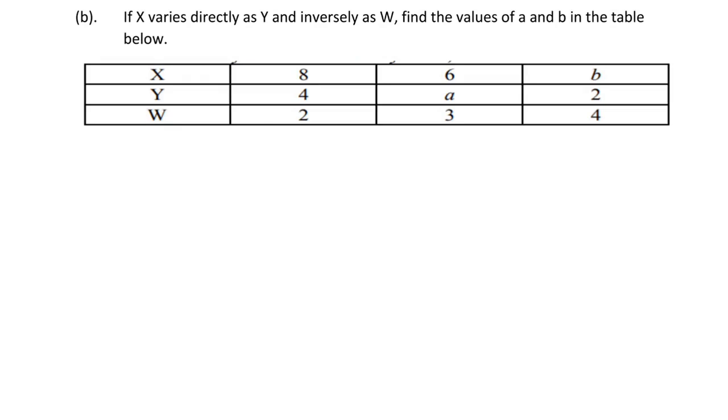Part B of the question: if X varies directly as Y and inversely as W, find the values of A and B in the table below. So we've been given the table with several values there. For this one, this is a variation problem.